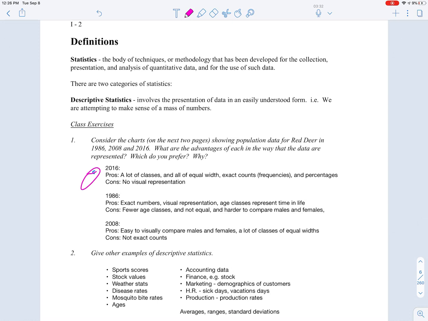A stock page, weather stats, disease rates, mosquito bite rates, ages, and all sorts of other descriptive things. But if you're in a business, then you've got things like accounting data, the finance department, the marketing department, they're interested in the demographics of customers. The HR department looking at sick days, vacation days, production rates, and things like that.